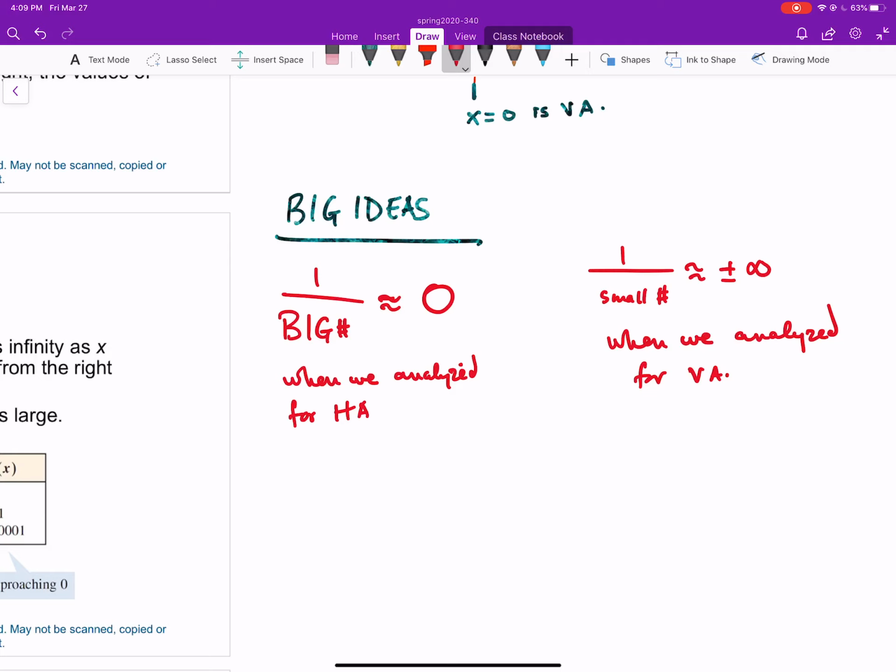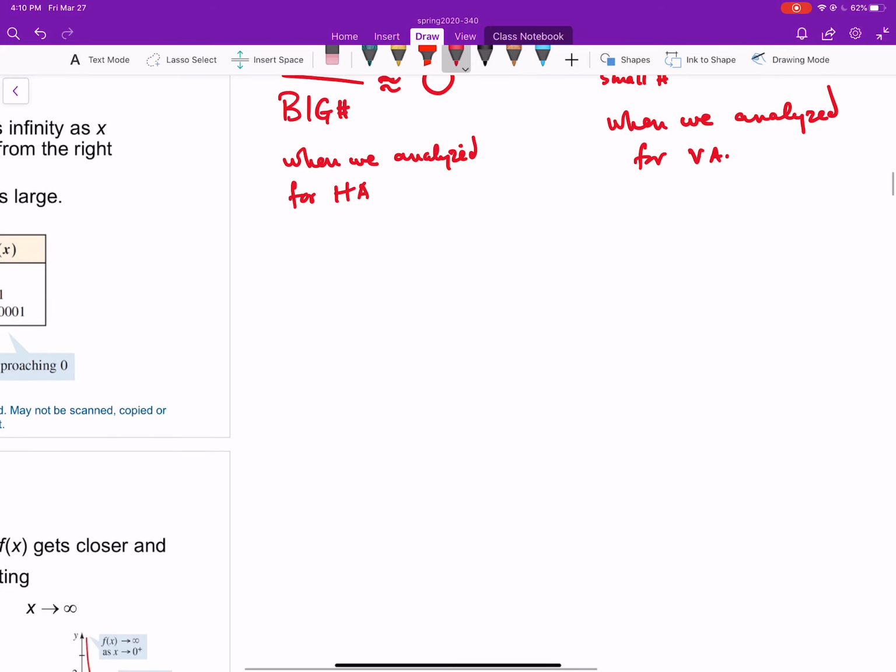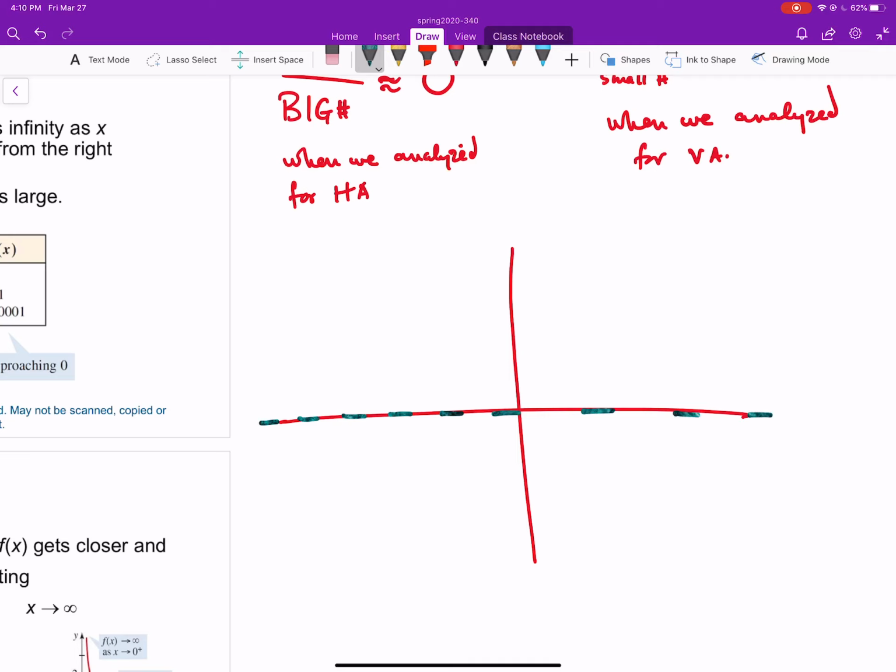So now we have all the ingredients to sketch. All right. So this is what we got. I have a horizontal asymptote at y equal to 0. I have a vertical asymptote at x equal to 0.